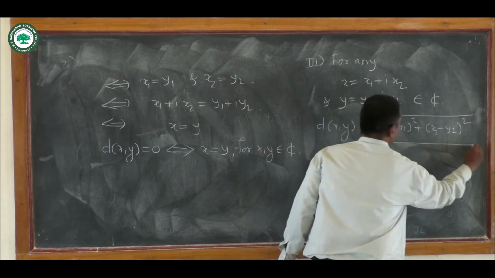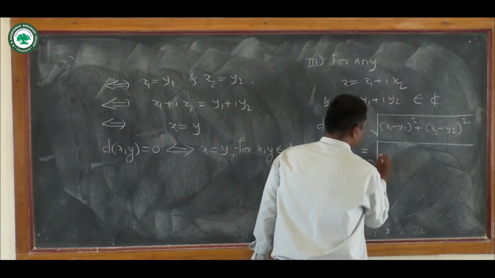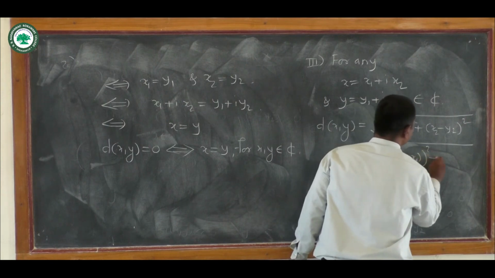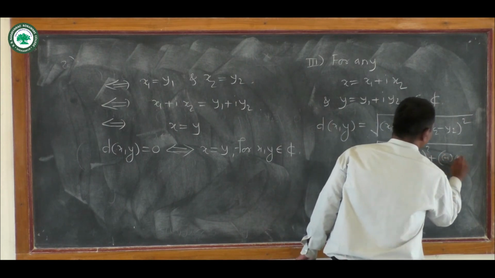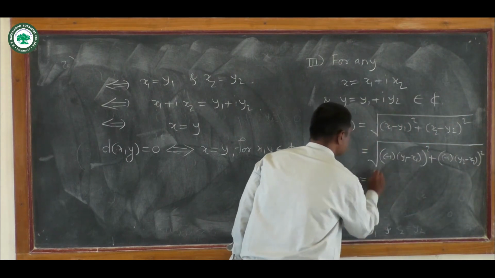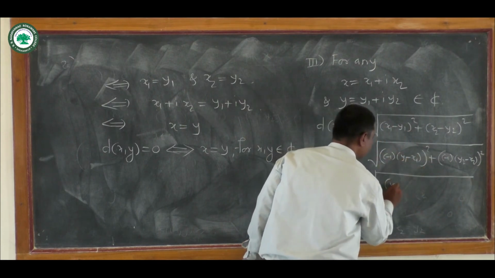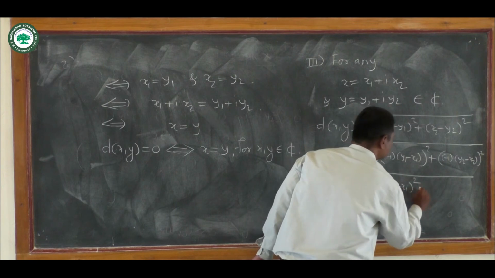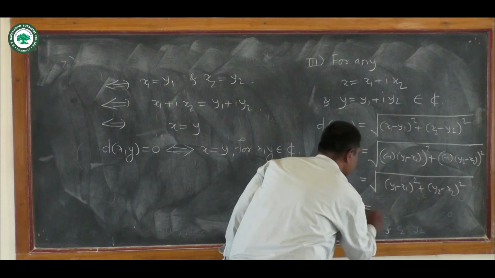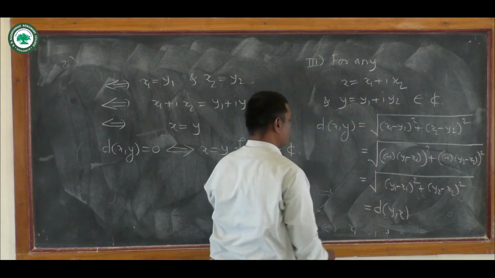If you take minus common from these two expressions, you can write minus 1 into (y1 minus x1) square plus minus 1 into (y2 minus x2) square. We know that the square of minus 1 is plus 1, so we write square root of (y1 minus x1) square plus (y2 minus x2) square. Actually this is nothing but the distance between y and x, d of y comma x.